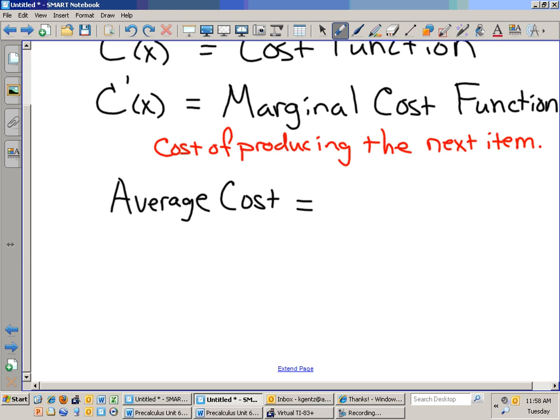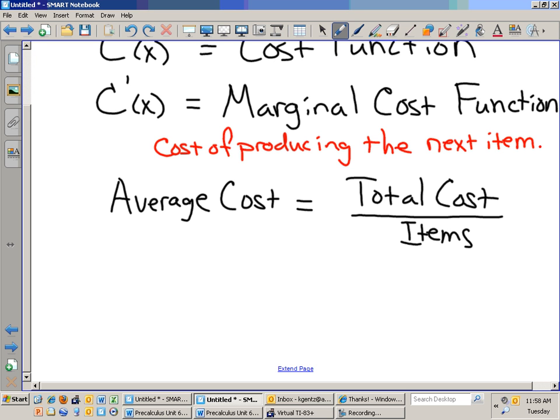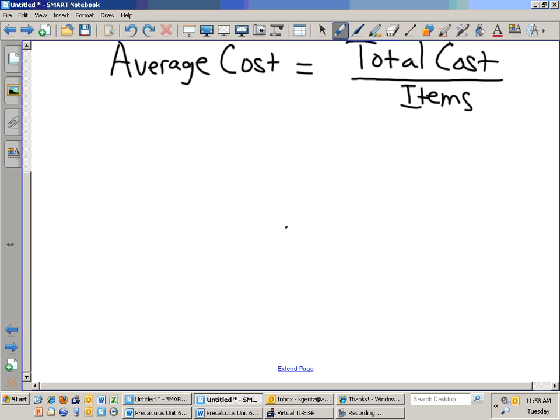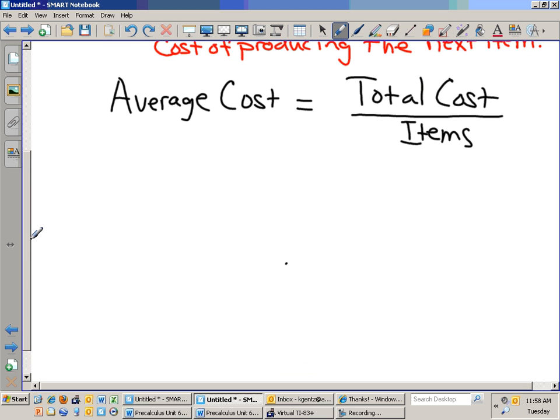If we would find the average cost, we would take the total cost and we would divide it by the number of items. Average cost would equal the total cost divided by the number of items that we in fact produced. So let's write an expression for this.